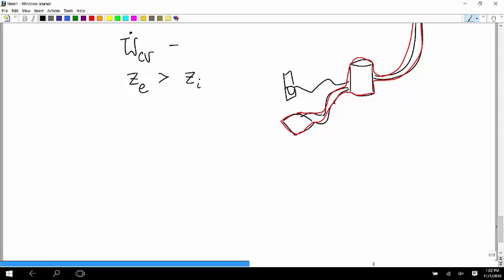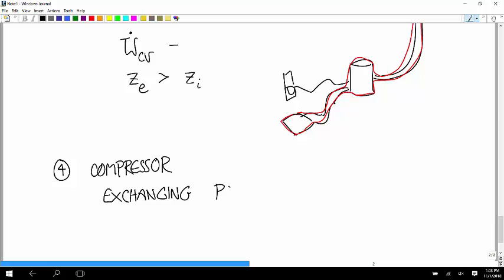And then the last one is a compressor. In a compressor, you're exchanging power for enthalpy.